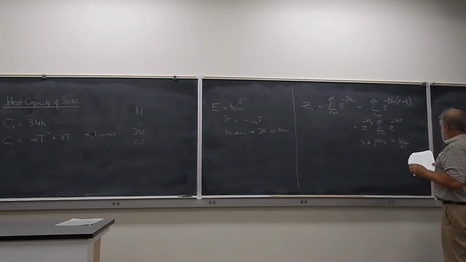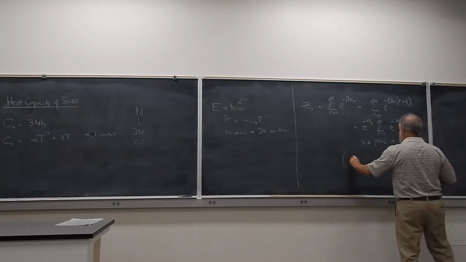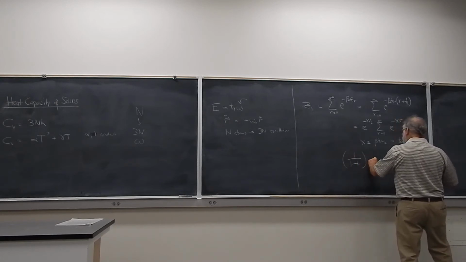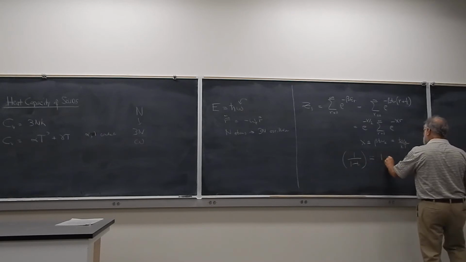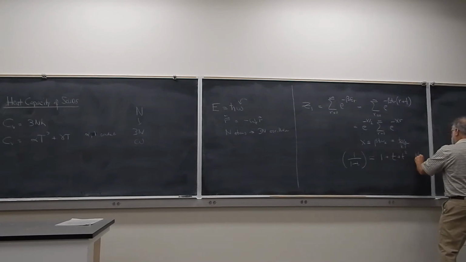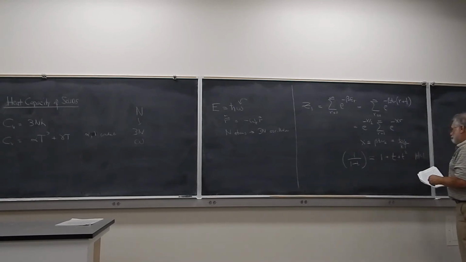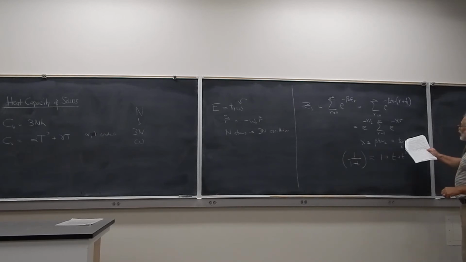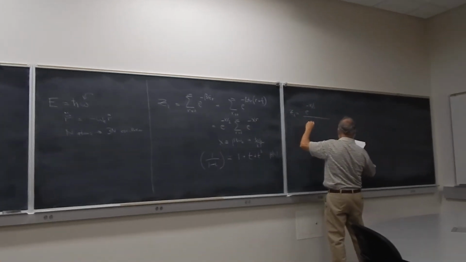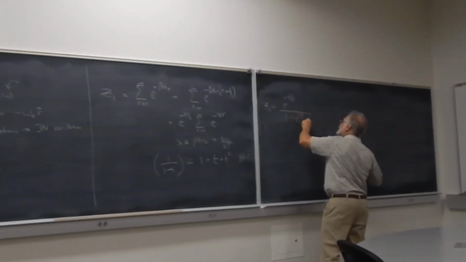Now, for any function that looks like 1 over 1 minus t, where t is small, I can write that approximately as 1 plus t plus t squared for absolute value of t less than 1. So with that in mind, I can write my single particle partition function as e to the minus x over 2 divided by 1 minus e to the minus x.